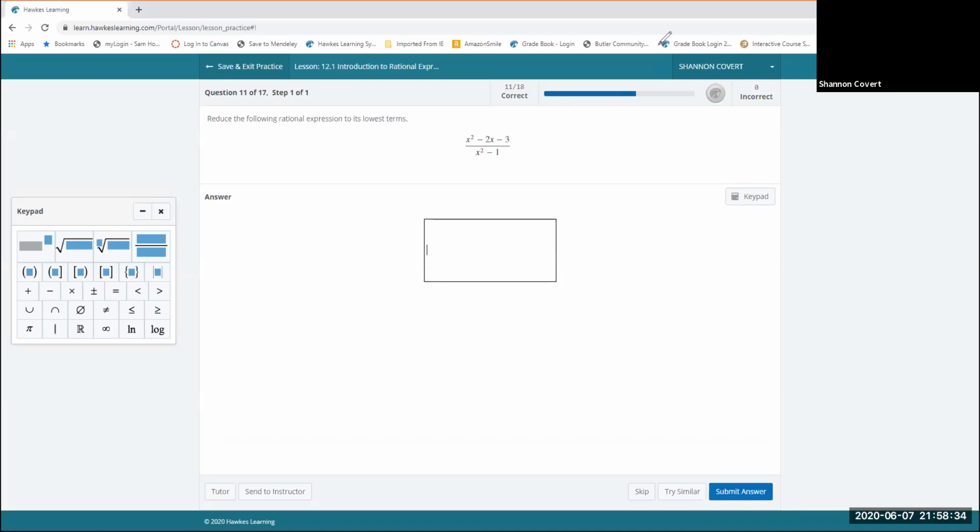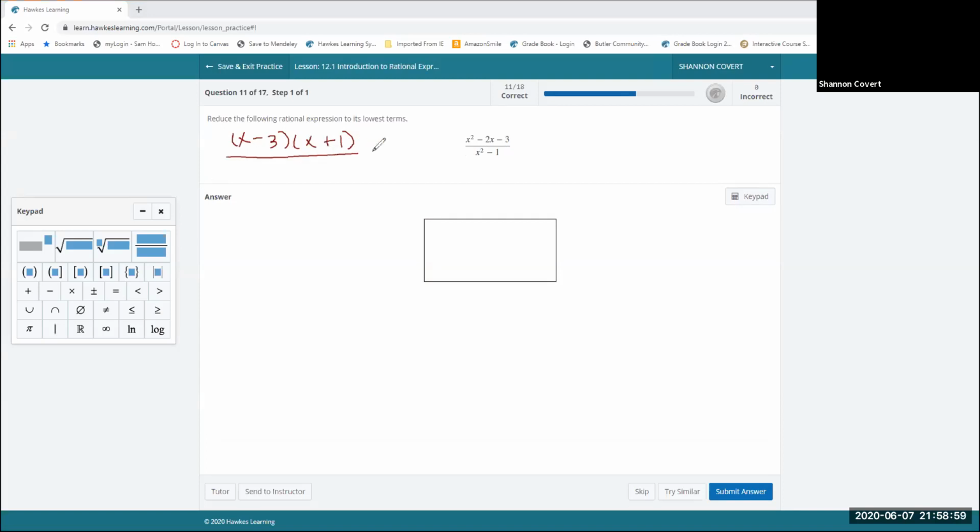Reduce the following again. This time we have x squared minus 2x minus 3 all over x squared minus 1. So when I factor the numerator, I'm looking for two factors of negative 3 that give me a sum of negative 2. That will be negative 3 plus 1.